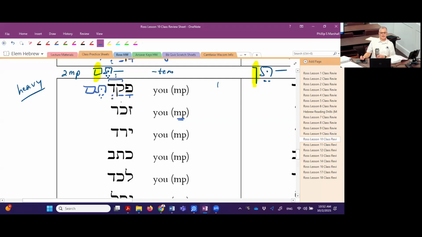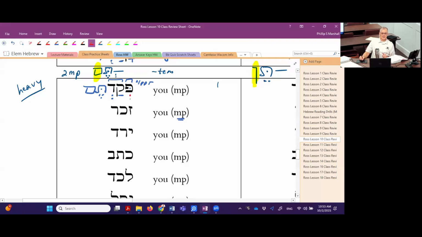But then there's one more thing besides the dagesh. What happens now? The accent's on the final syllable tem. Qof is pretonic but closed. I can't change it. It's not open. That vowel stays, but pa is open and propretonic. What will it do with that syllable? It will reduce to a vocal shava.